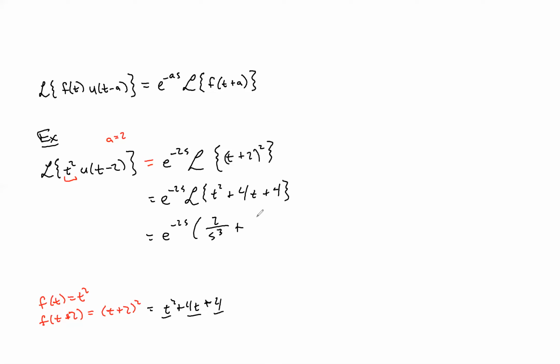So I would have 4 over s squared. The Laplace transform of 4 would just be 4 over s. All right, so the Laplace transform of some function times a unit step function gives you an exponential times the Laplace transform of a shifted function, f of t plus a.